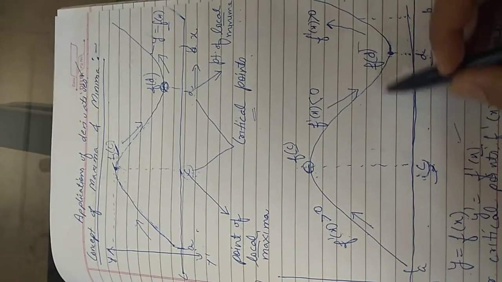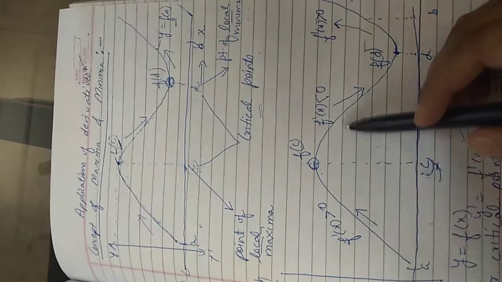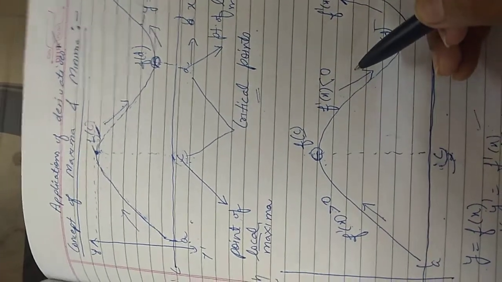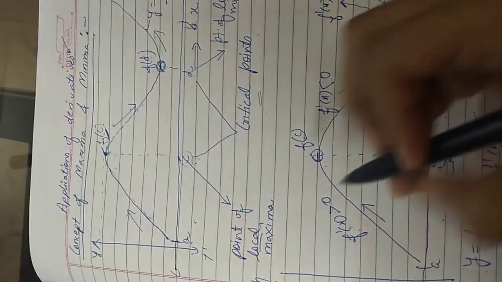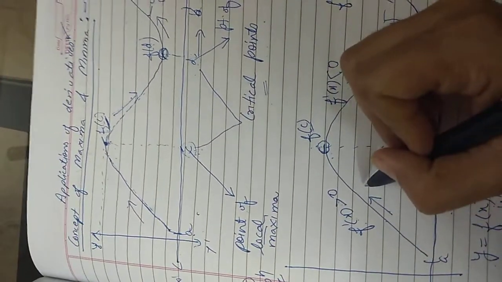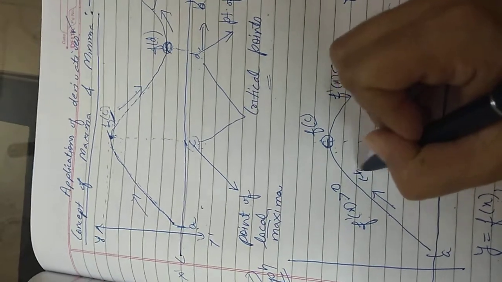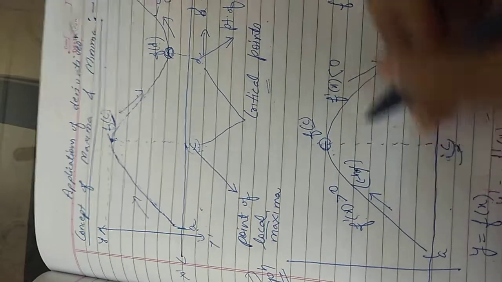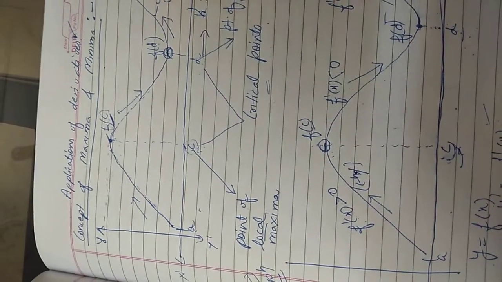So how will we take before D and after D, before C and after C? We will consider its local neighborhood. Like if C is the point, this is the neighborhood where we have the values C minus h to C in this interval, where h is very small, almost negligible, but a positive value.